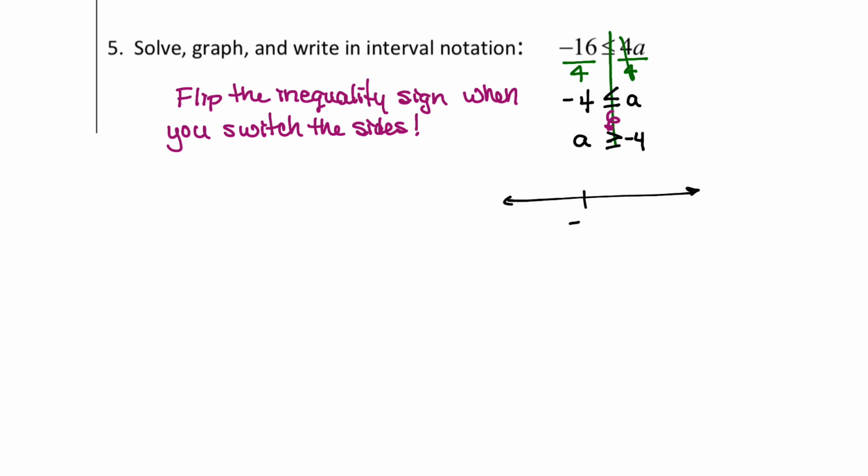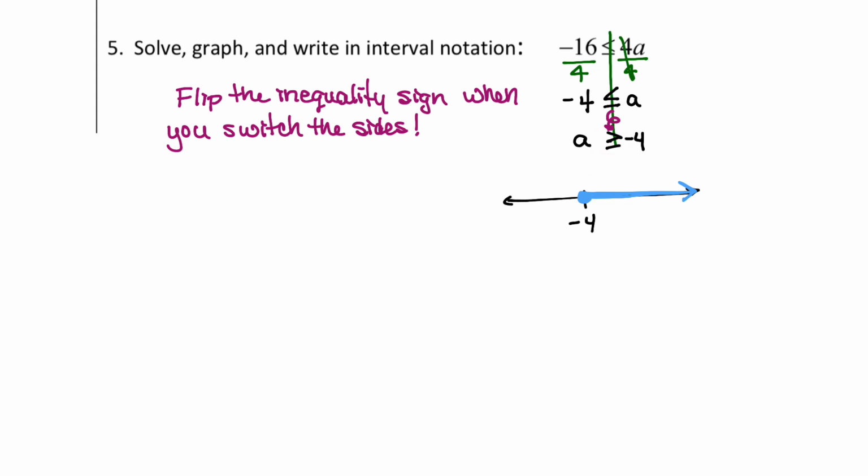So negative 4, and it's going to be a closed circle because of the equal to, and points to the right. That's what I wanted to use. Make certain you're using the final symbol, this one, in your answer, not the original, because you've changed it in the meantime.